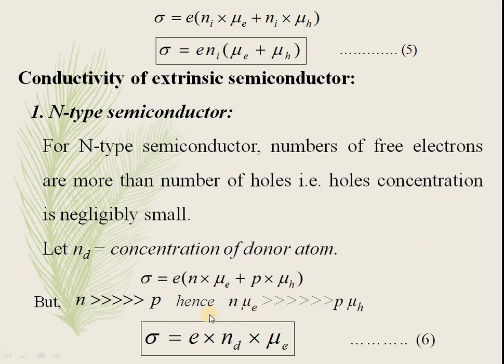We get sigma is equal to e into Nd into mu e, where Nd is the concentration of donor atoms and mu e is the mobility of the electron. We call this equation number 6. This equation 6 gives the conductivity of N-type semiconductor.